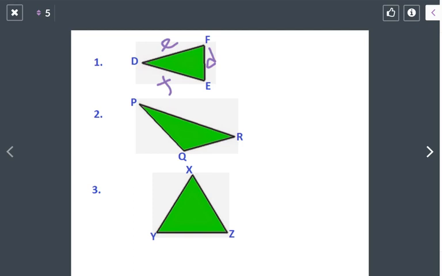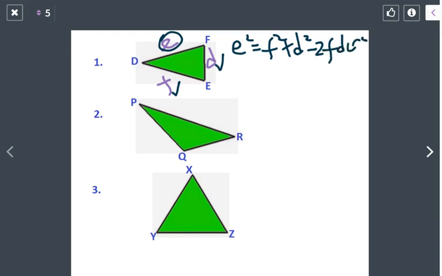We'll get E squared equals F squared plus D squared, then minus 2FD cosine E.